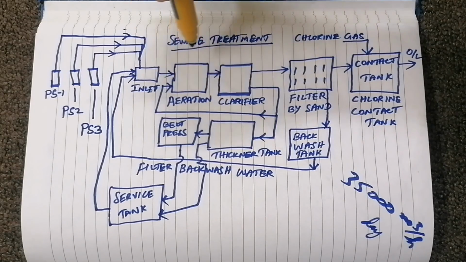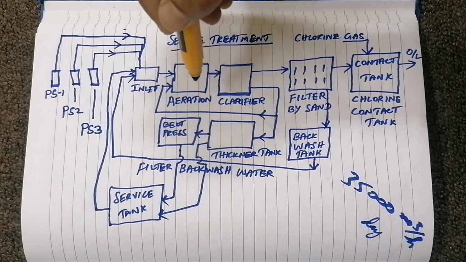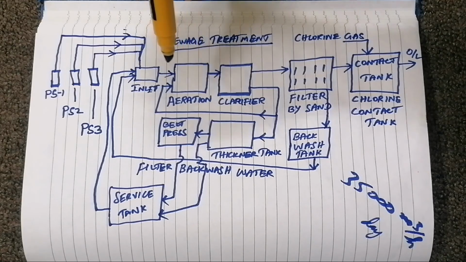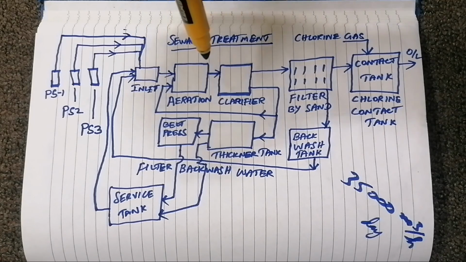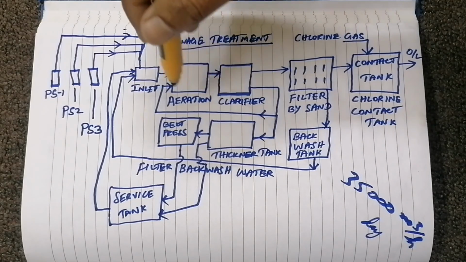This is what the aeration tank is doing. For good aeration, to convert the ammonia into nitrate, we need a sufficient oxygen level. We have to maintain at least 2 milligrams per liter of dissolved oxygen, DO. In our water, 2 milligrams should be there per liter. This is the DO requirement for good aeration.